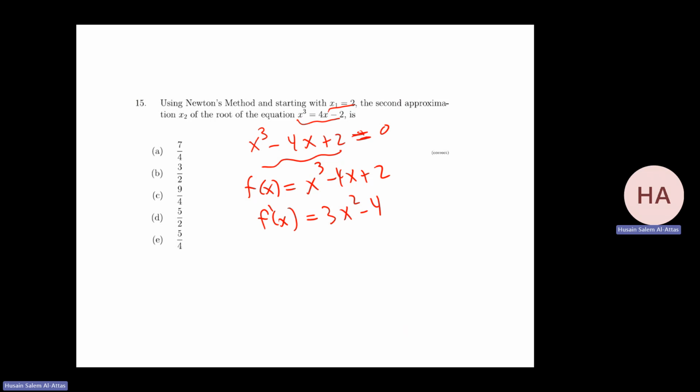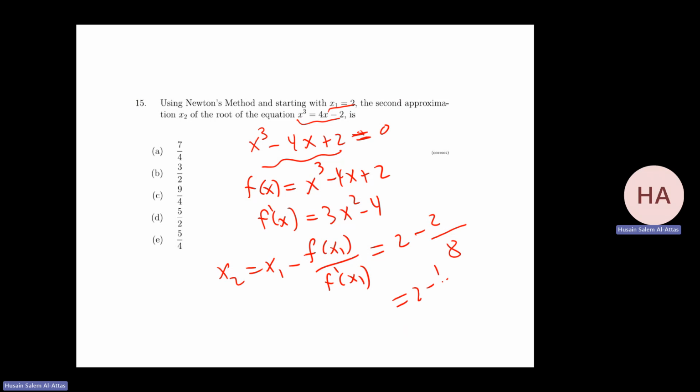So x2 will be x1 minus f of x1 over f prime of x1. x1 is 2. F of 2 is 8 minus 8 gone, this is 1 over 2. 2 minus 2. And f prime will be 12 minus 4, that will be 8.